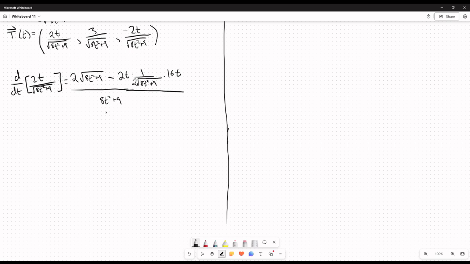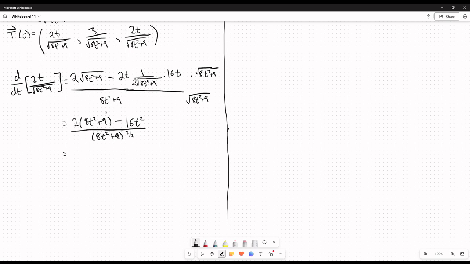Now, I want to simplify the numerator a little bit, so I'm going to multiply the numerator and denominator of this fraction by the square root of 8t squared plus 9. My first term is just going to become 2 times (8t squared plus 9) minus 16t squared, with some 2's canceling, all over 8t squared plus 9 to the 3 halves.